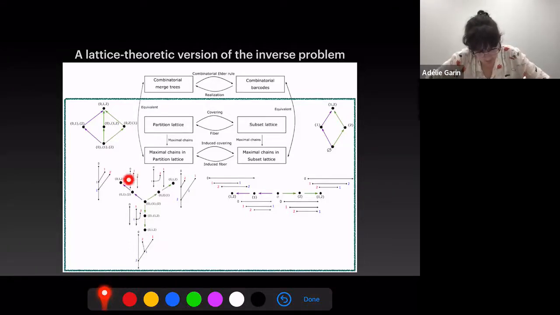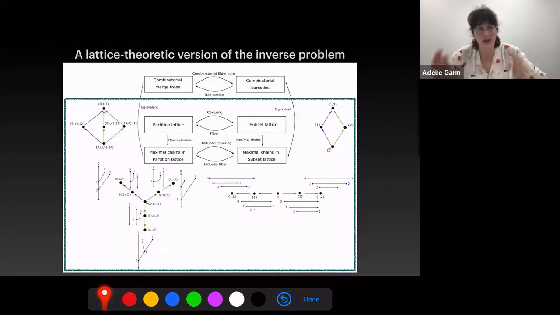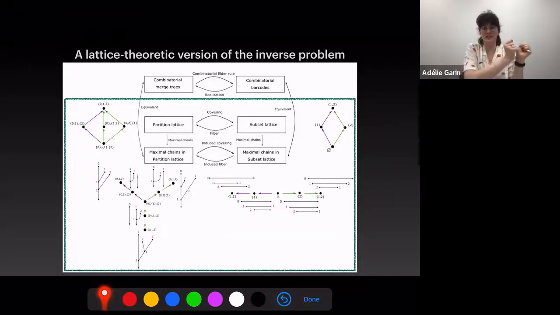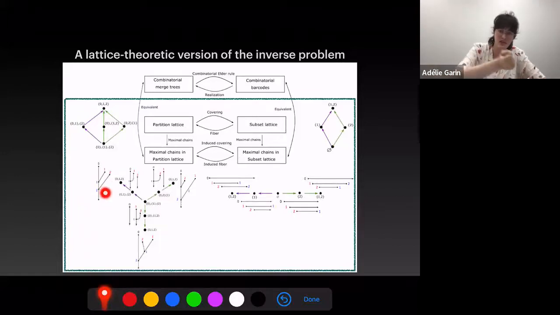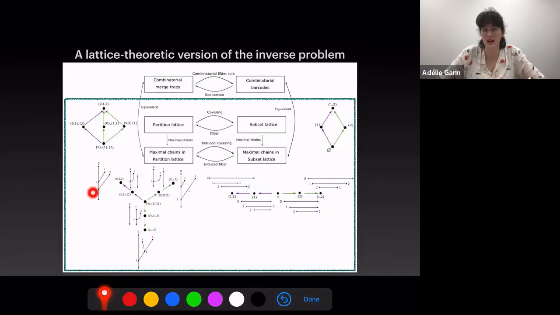So this is basically what happens here. The first branch is merged into the 0th one, and the second one is still a singleton in the lattice, so it's just a branch that is not merged with anything yet. And then I go to the last one, 0, 1, and 2 are all together. And so the second one merges with this other group, which is then 0 and 1. This is how I obtain this combinatorial merge tree.